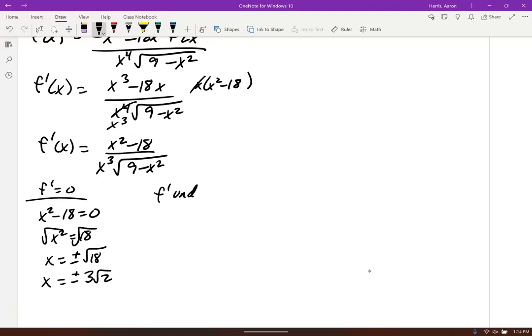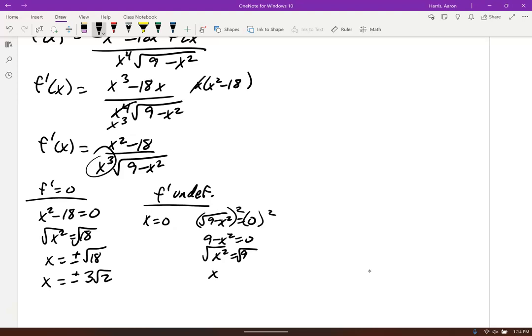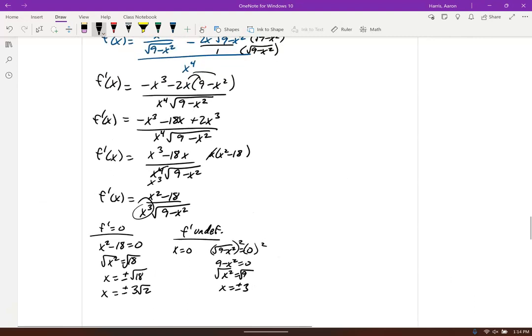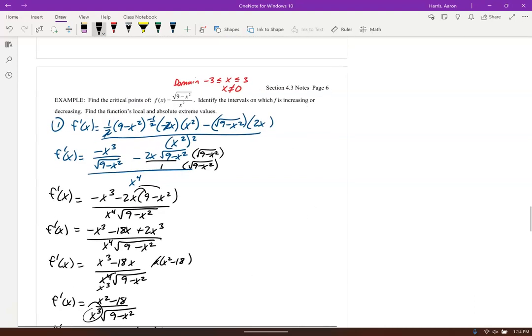Where is f prime undefined? Well, if you notice x cubed is 0, x being 0, or wherever the square root of 9 minus x squared is 0. Here I'd square both sides. Plus or minus 3. Okay, so 0 plus or minus 3. And if you remember our domain, that's the end of our domain. So when we do this f prime test, I'm cutting it off negative 3 to 3.